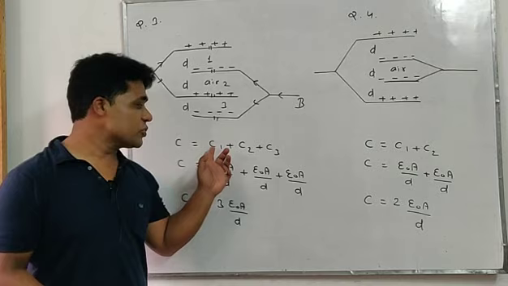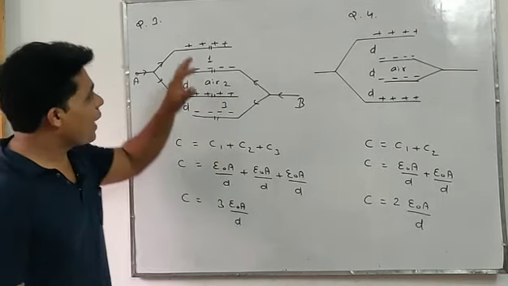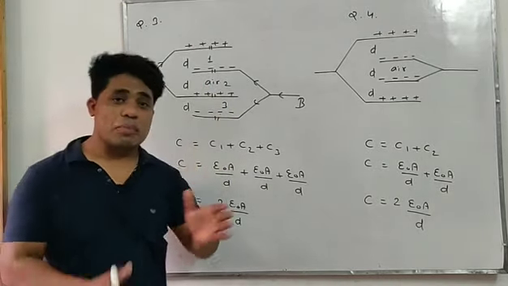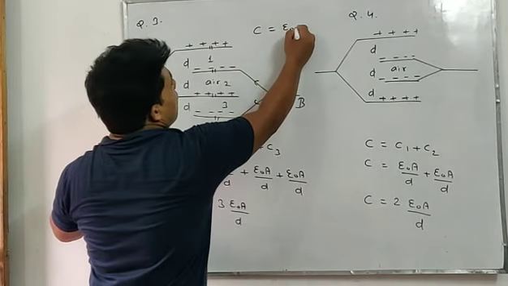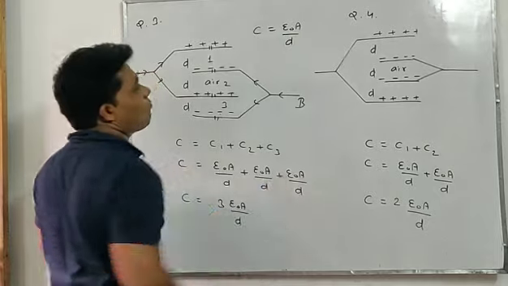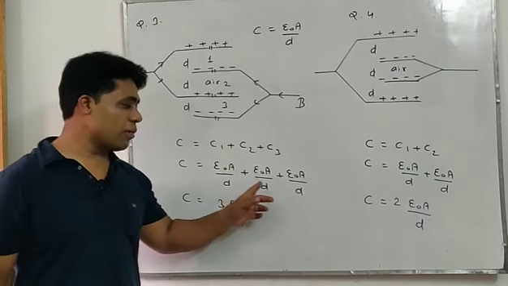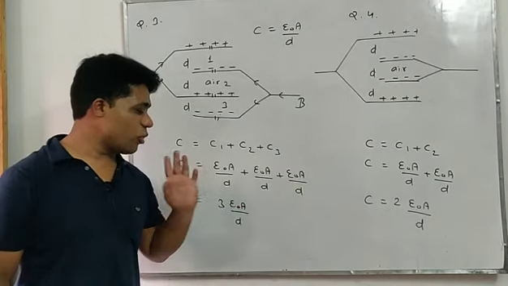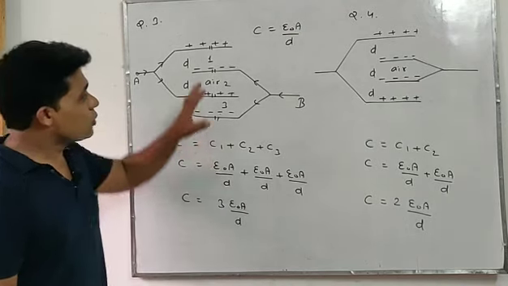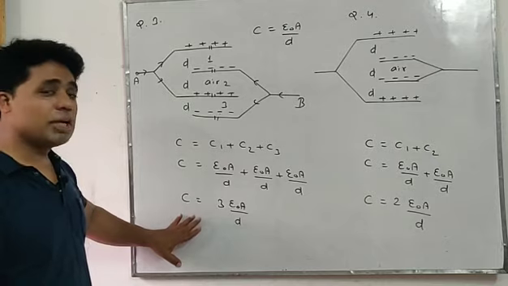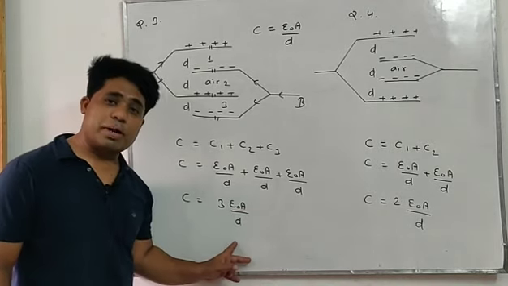In parallel combination it is C1 plus C2 plus C3. As these are parallel plate capacitors with air, C equals epsilon A by D. So we write epsilon A by D, epsilon A by D and epsilon A by D. Basically it becomes 3 times epsilon A by D. So this system has an equivalent capacitance of 3 times epsilon A by D.